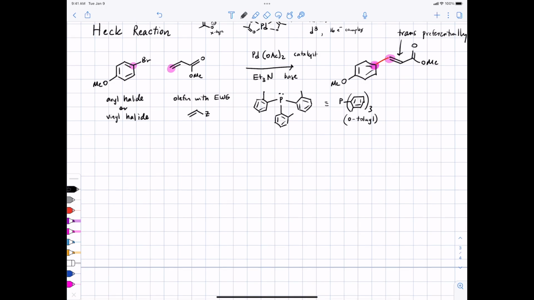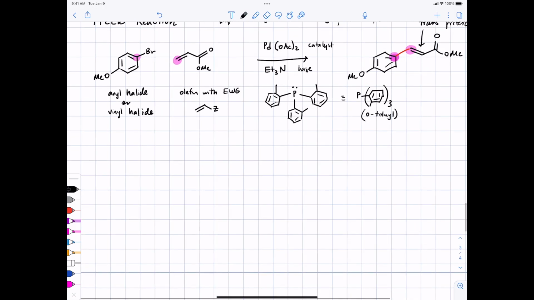I guess one thing I want to point out, it's not obvious from the aryl halide, but if we used a vinyl halide like this, and then we used some, let's use say CN minus, and then you use these same reaction conditions.